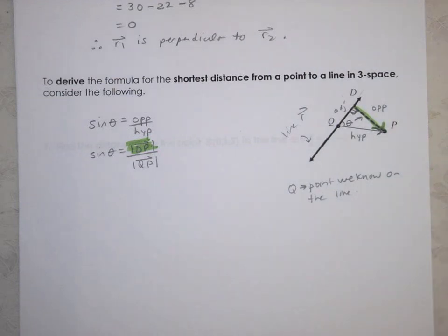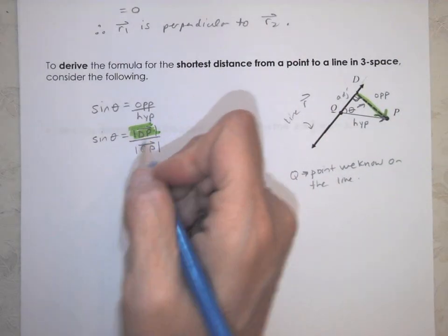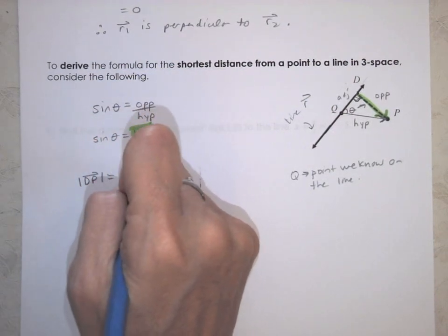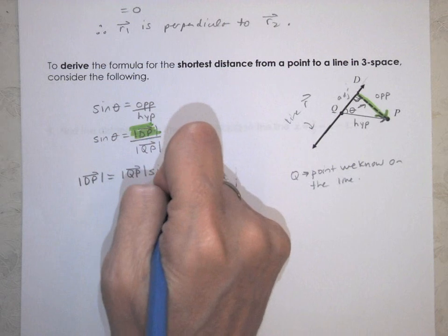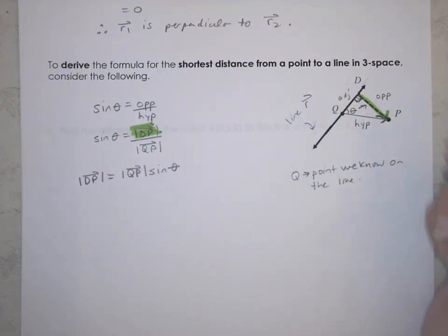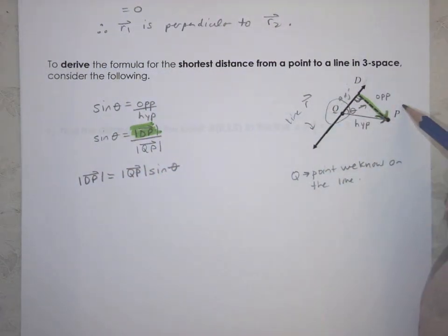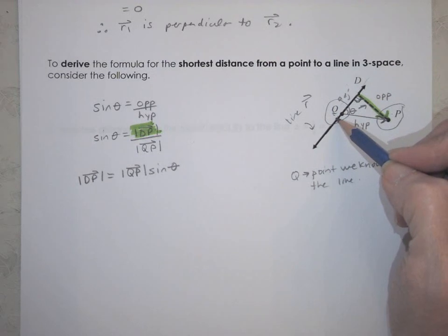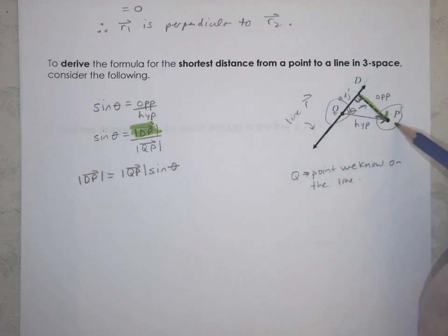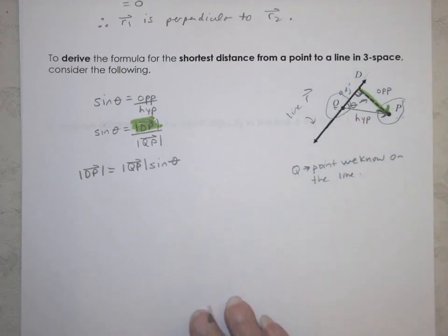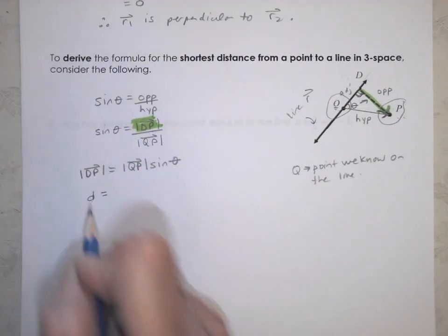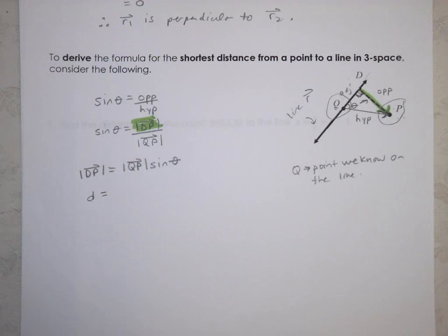If I multiply both sides by the magnitude of vector QP, I get that the magnitude of vector DP is the magnitude of vector QP times the sine of theta. Q is a known point on the line, and P is the point I'm trying to find the distance to, so I would know both of these points. So the magnitude of vector DP is the shortest distance from the point to the line in three space.